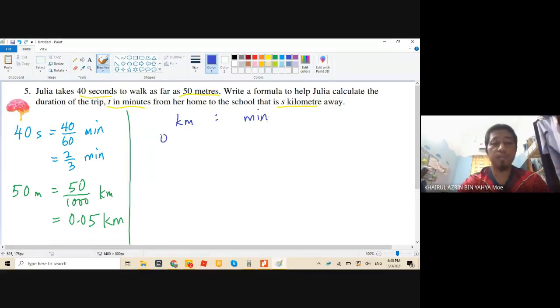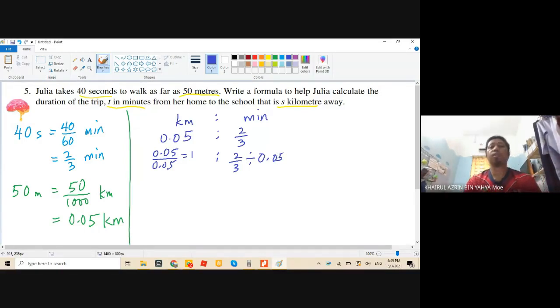For 0.05 kilometer, the time taken is 2/3 minutes. So for 1 kilometer, how do we get from 0.05 to 1? 0.05 divided by 0.05 equals 1. So the same goes for 2/3, we divide by 0.05.